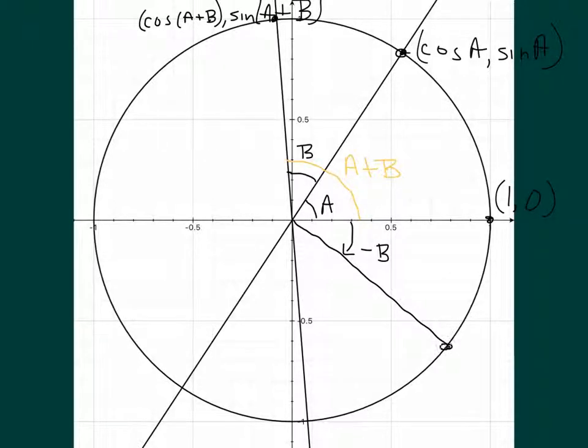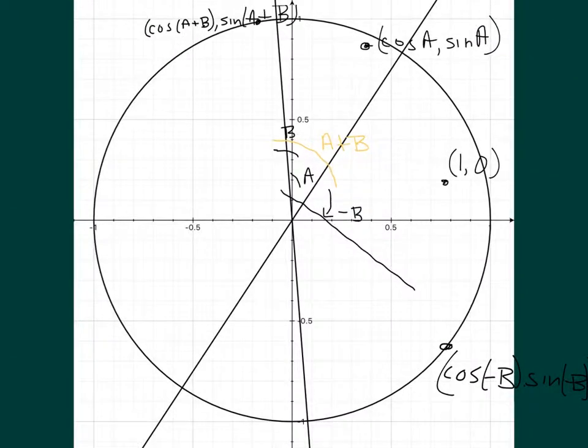And this point would be the point cosine negative B, comma, sine negative B. So let's decrease the size of this to make a little room.